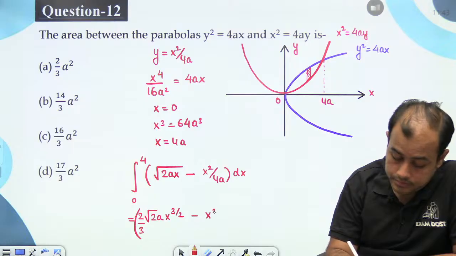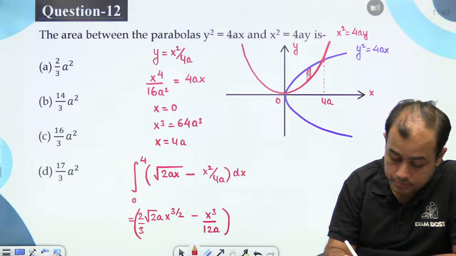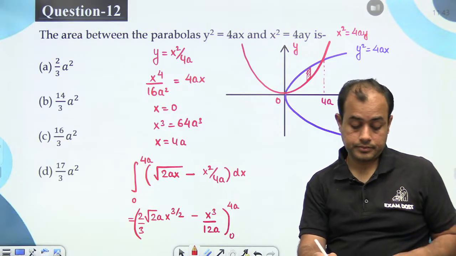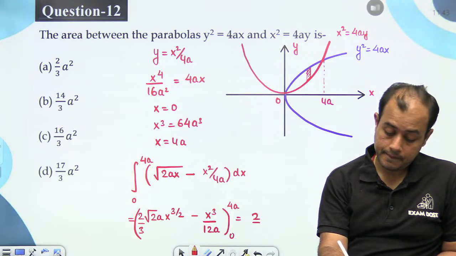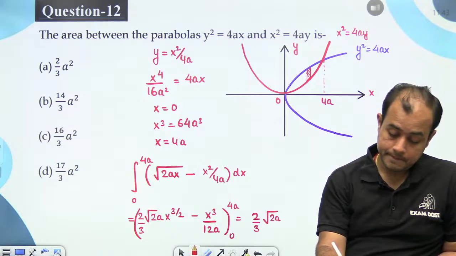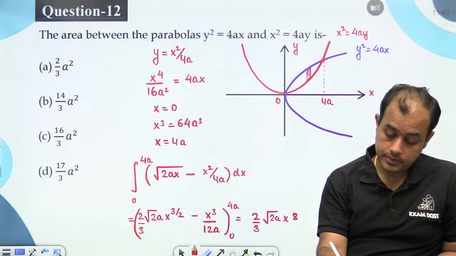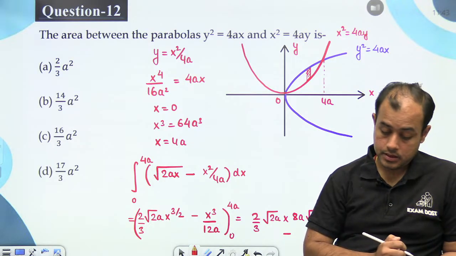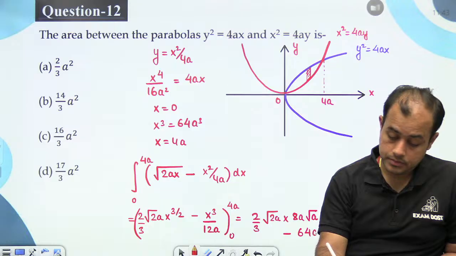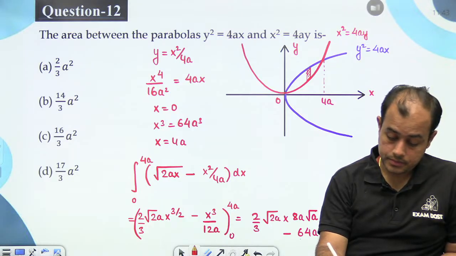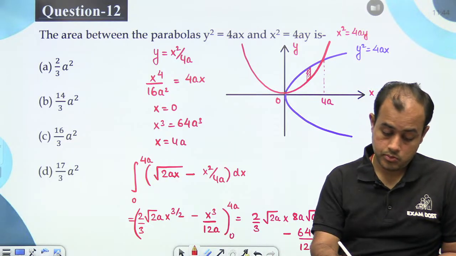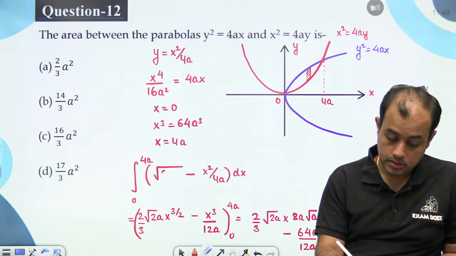This, 4a. 4 means 8, a root a, minus 64a cube divided by 12a, root 4ax.